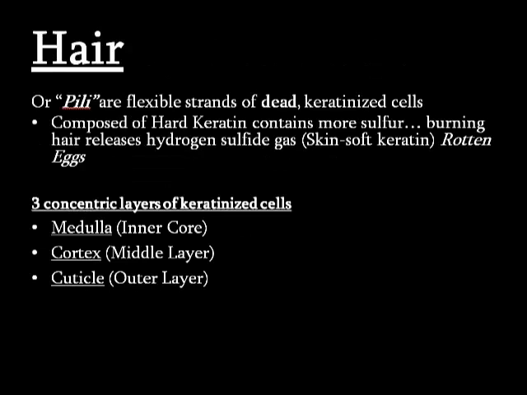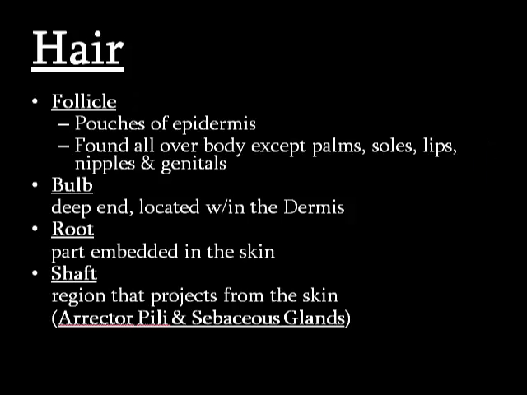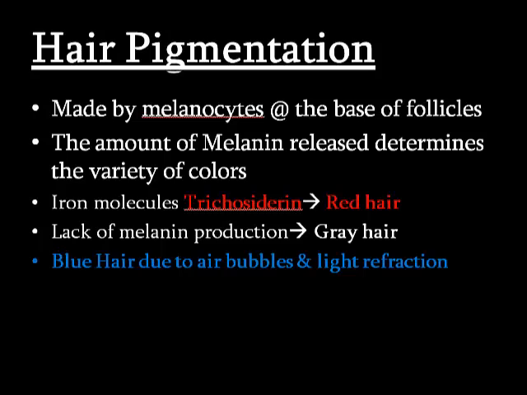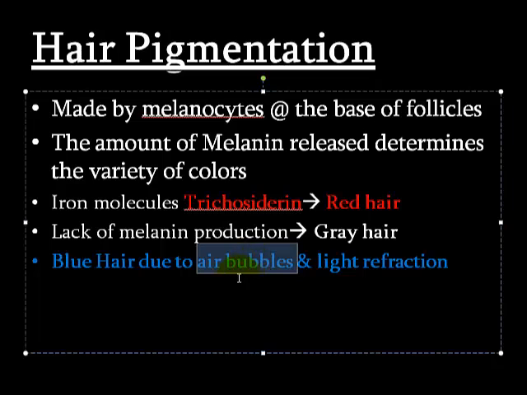Other structures considered appendages of skin include hair and nails. And when it comes to hair, the terms on the screen are the terms you would worry most about for potential test questions. Different hair has different color depending on the shade of melanin, or maybe the presence of iron molecules, or possibly air within the hair.